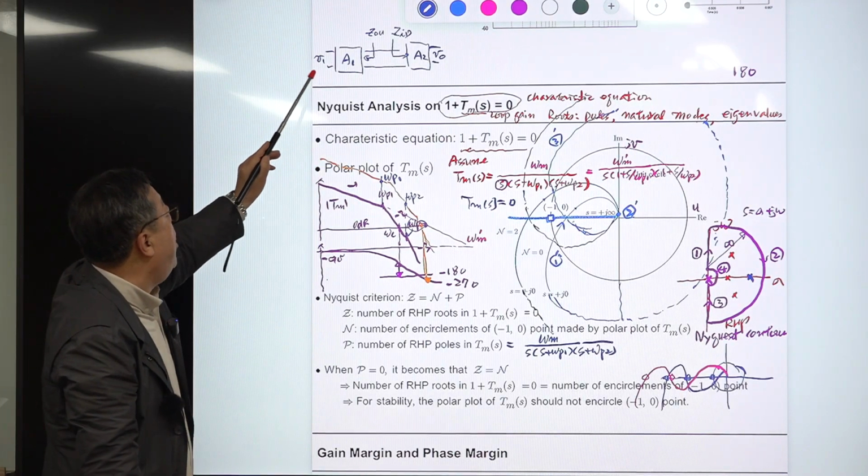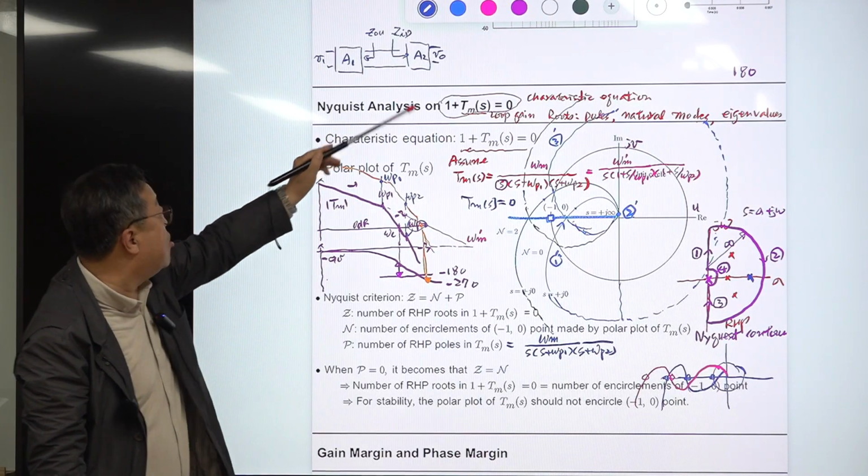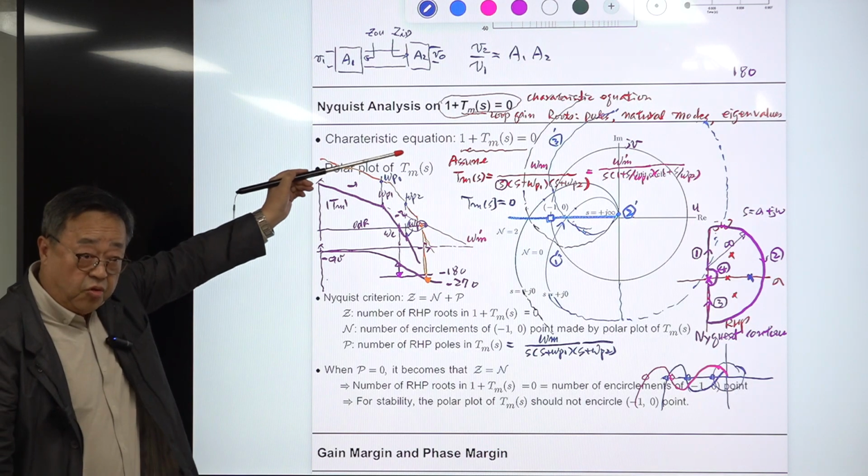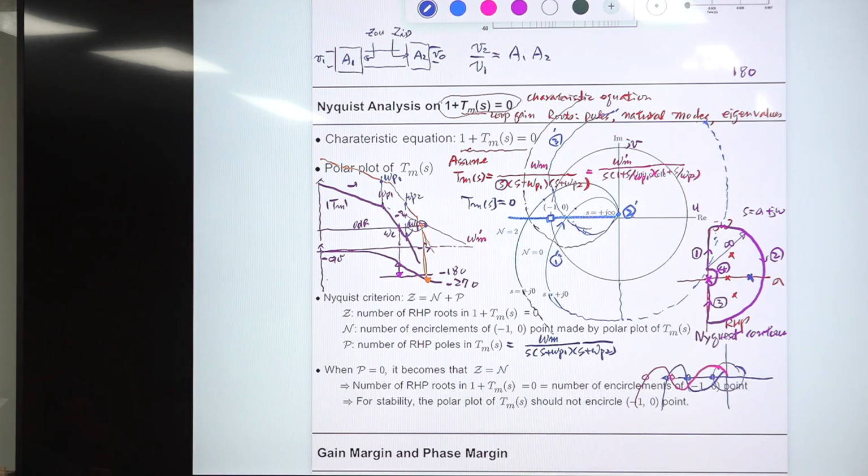Then the equation of the cascade system is this one. So the cascade gain of V1, V2 is A1 times A2 times there is a voltage division, loading effect, GIU plus GID, then GID in the numerator. Okay?